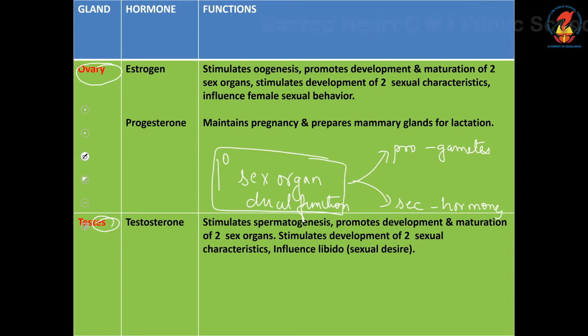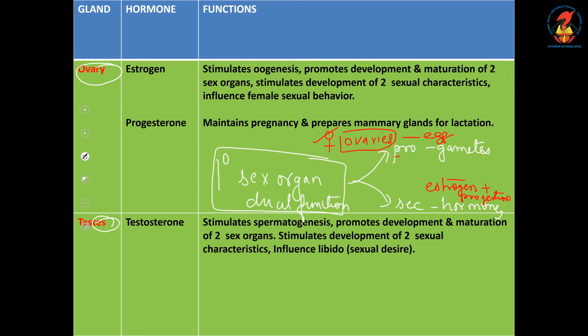Now talking about ovaries in females. In females there are the ovaries. So I am substituting. They produce the gamete, egg, and they secrete the hormones estrogen and progesterone. So in females, ovaries are the primary sex organs.